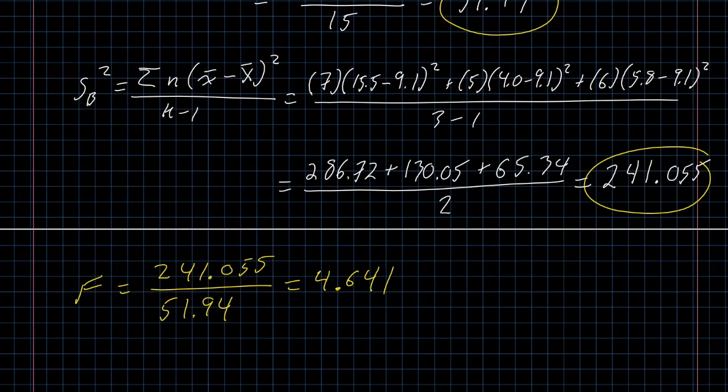It's been a while since I wrote it down, but if you scroll up or look back in your notes, the critical value we are looking at here in this case was 3.682. The value of F that we calculated is larger than the critical value.